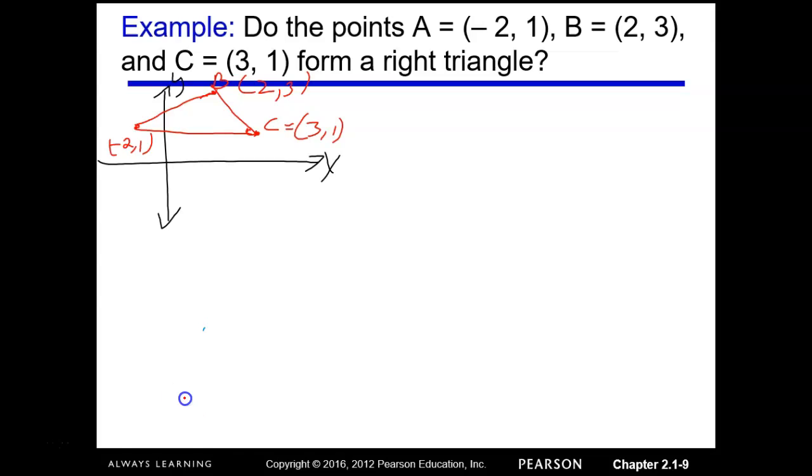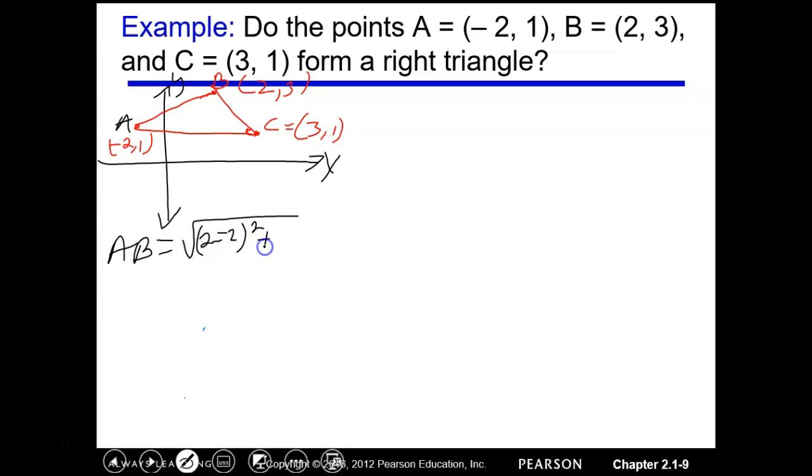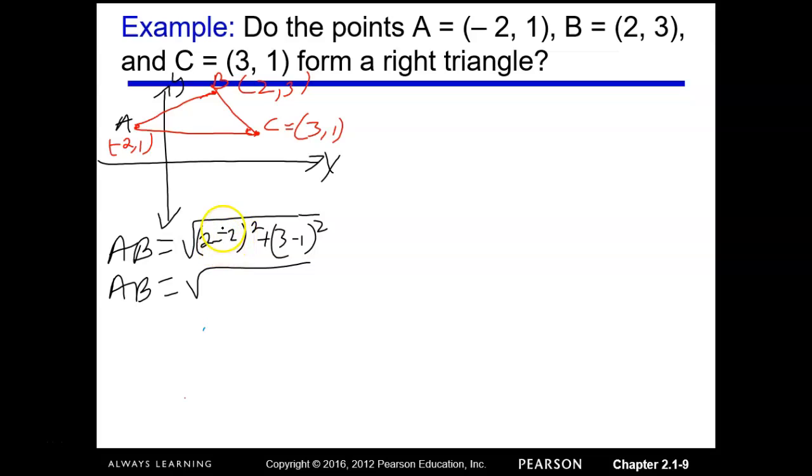So let's find AB, which is the distance between points A and B. It equals the square root of, if we subtract the x's, 2 minus negative 2 squared, plus 3 minus 1 squared. 2 minus negative 2 is the same thing as 2 plus 2, because when you subtract an integer, you add its opposite.